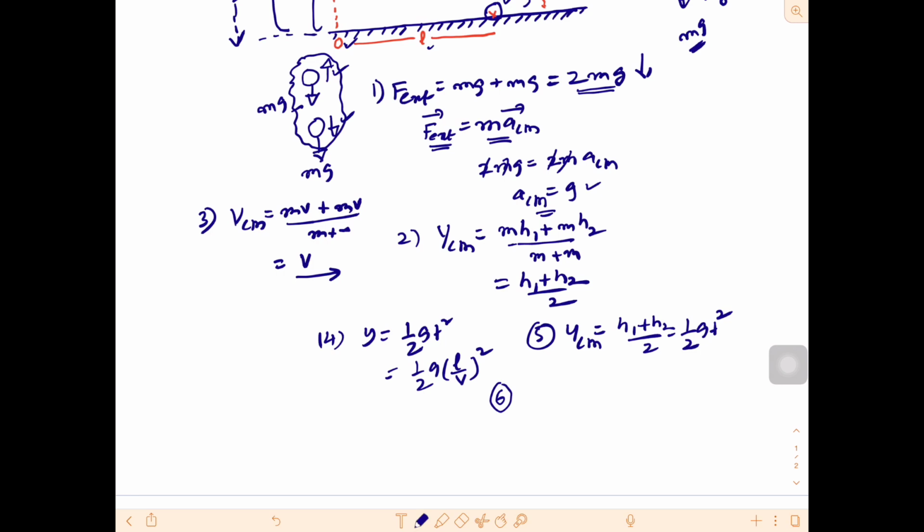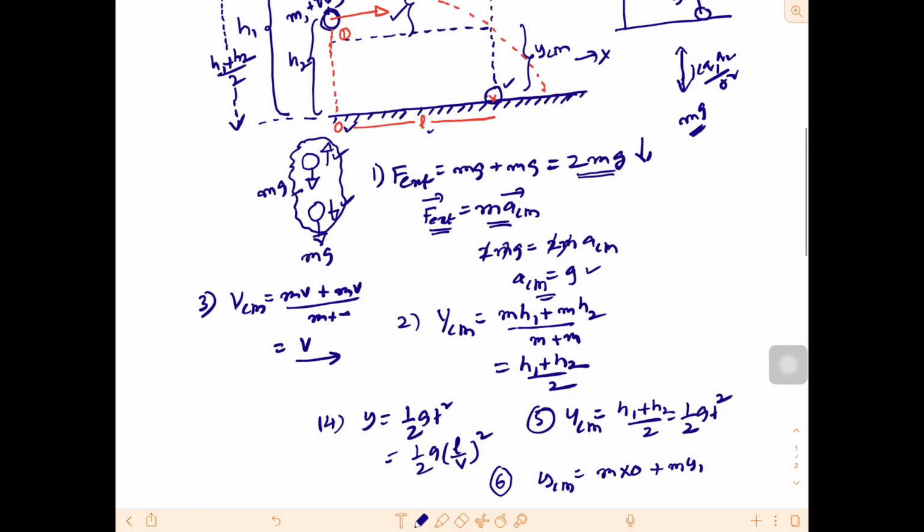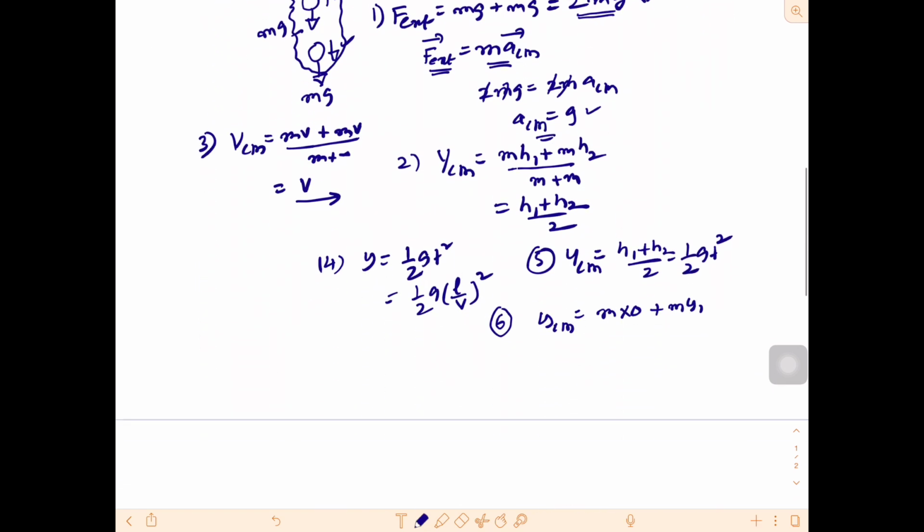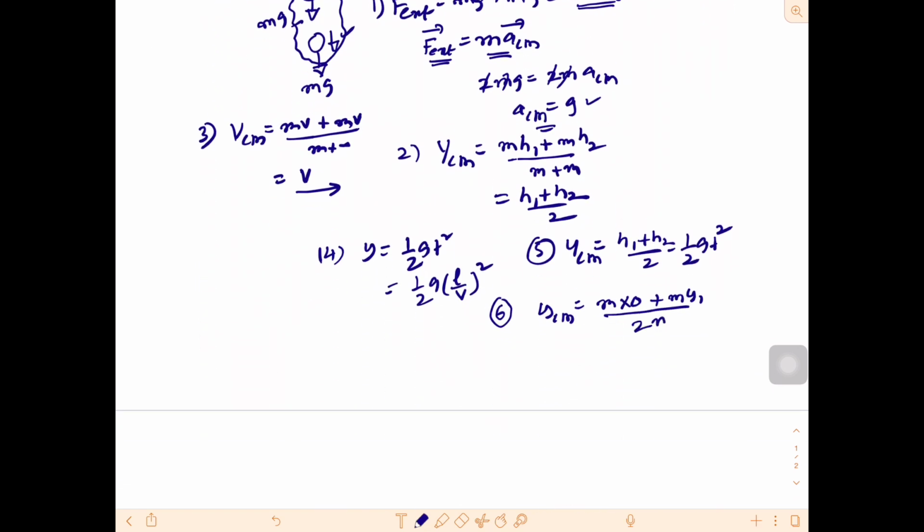Now if I write the y_cm after time t, it is m into 0 for one particle which is already at the ground, plus m into some y1. This y1 is the position of the second particle, divided by 2m. When I did that, I'll get y1 equals simply 2 y_cm. Is it right? Yeah, m y1 by 2m. y1 by 2 is y_cm, so y1 equals 2 y_cm.